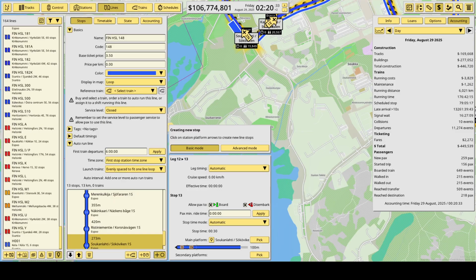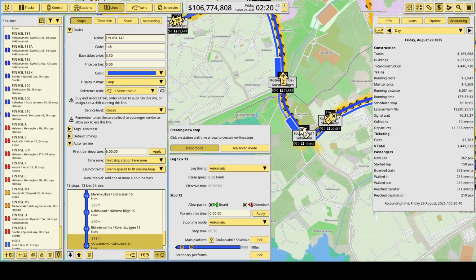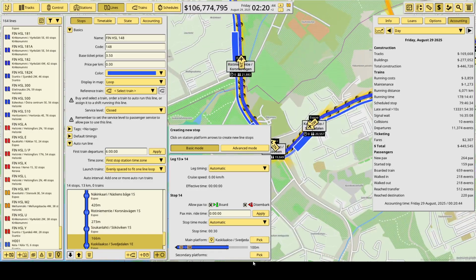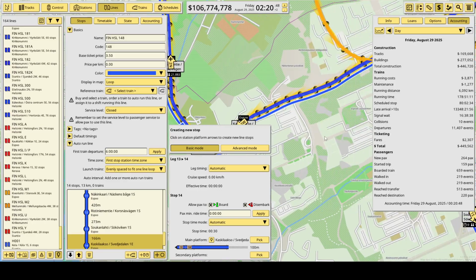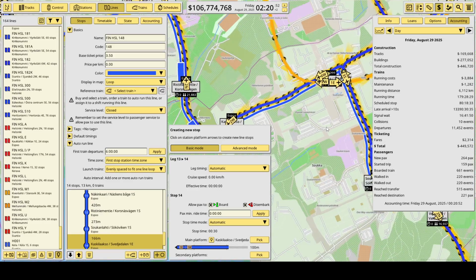The following stop is called Kaskilaakso, like I've said so many times. Wait, it's right over here. It was too close. After Kaskilaakso, we'll then stop at the Soukka metro station, which is in a fully incorrect place. No, it isn't.